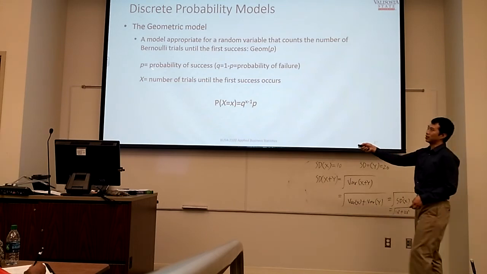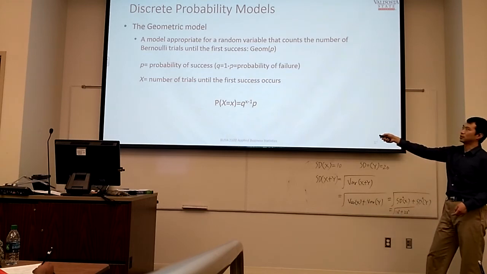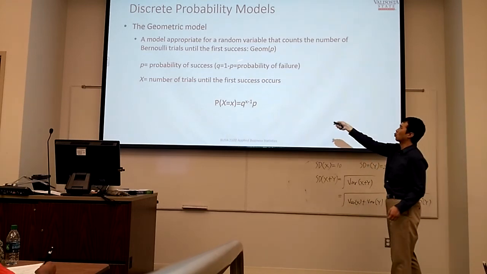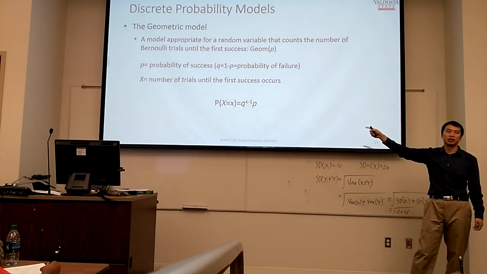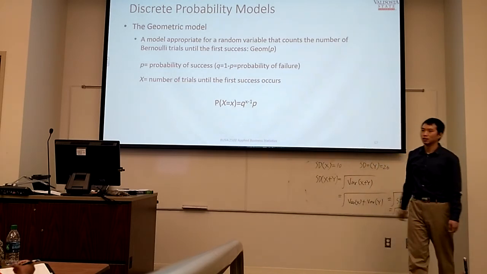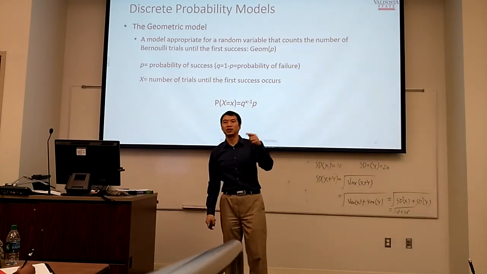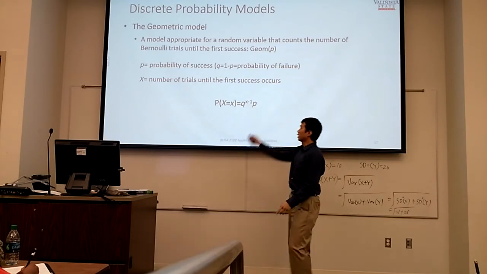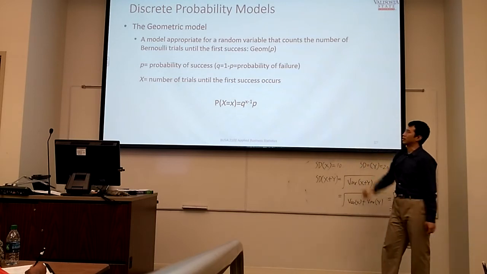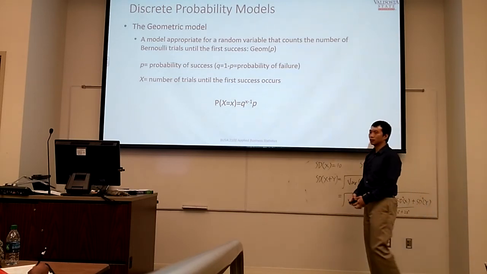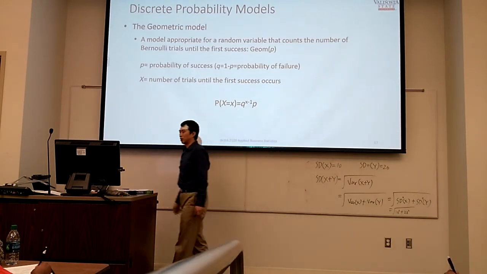And we define that p is the probability of success. And the probability of failure is 1 minus p, and we can define it as q. Okay? q is equal to 1 minus p. So p is the probability of success, and q, which is equal to 1 minus p, is the probability of failure. And this is how we calculate the probability.